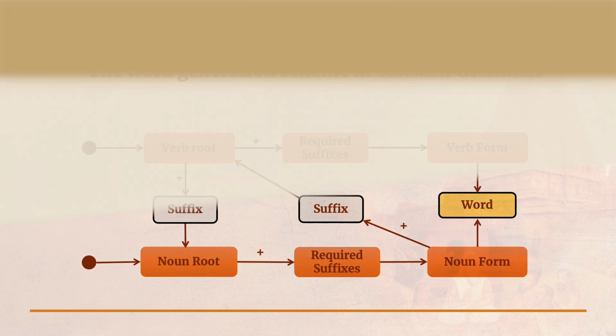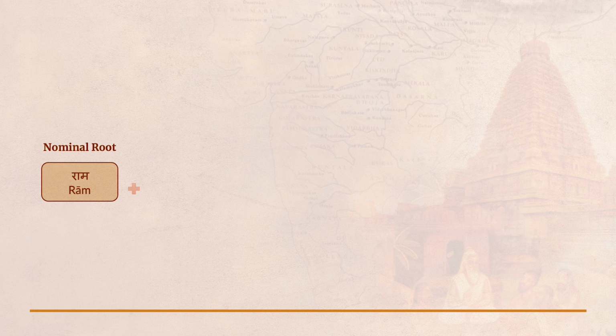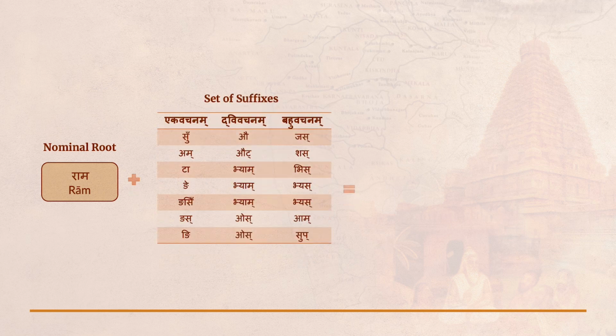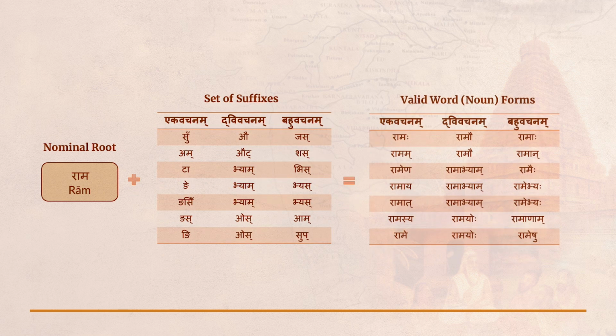We'll take an example. Let's say we take a nominal root called Ram. What you see here consists of a set of 7 into 3, 21. 21 such suffixes are available, and if you make use of them, you will actually get 21 different word forms. So Ram, if you take and add Su, you will get Ramah.